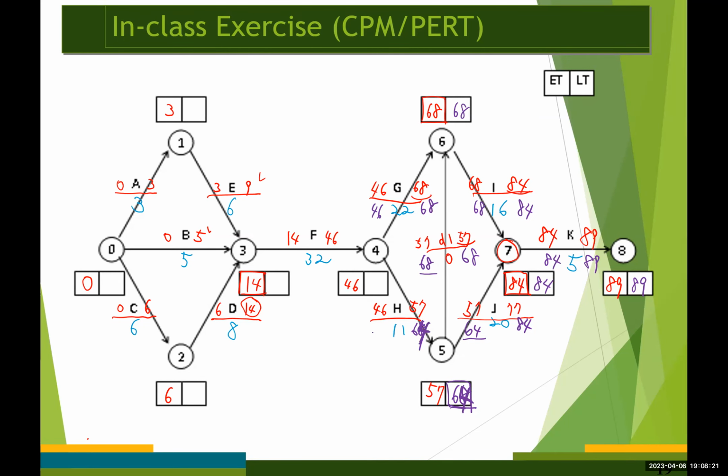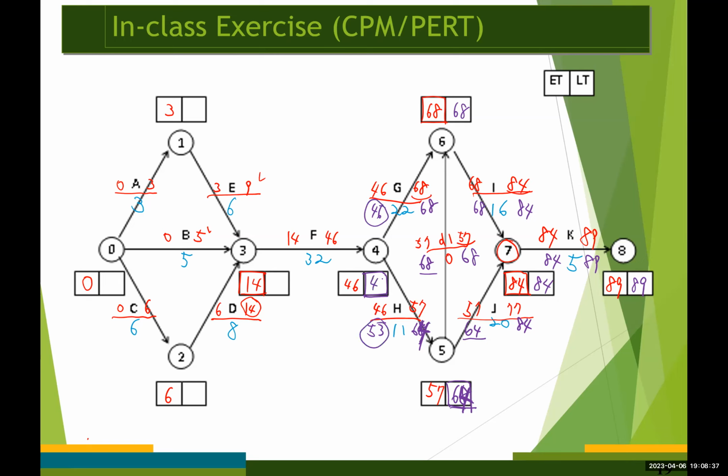64 minus 11, 53, right? And again, the latest time for event number 4 is going to be smaller value between 46 and 53.